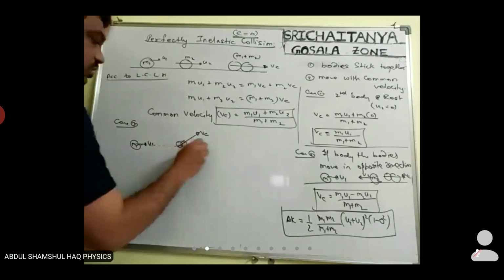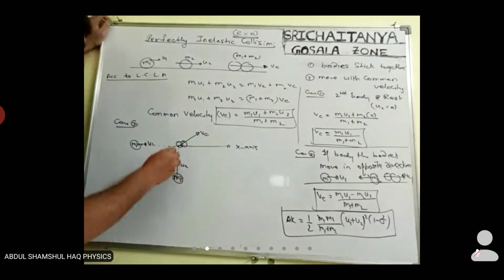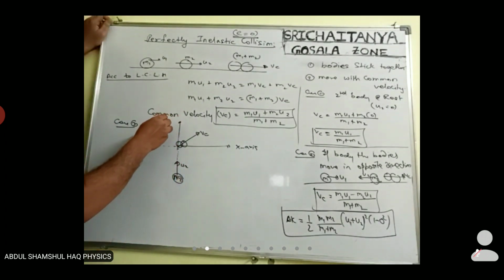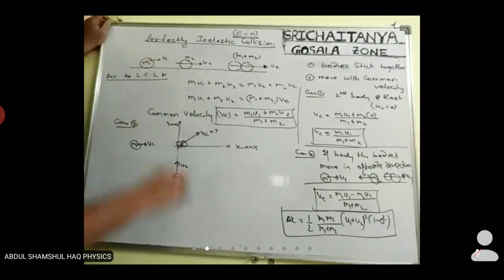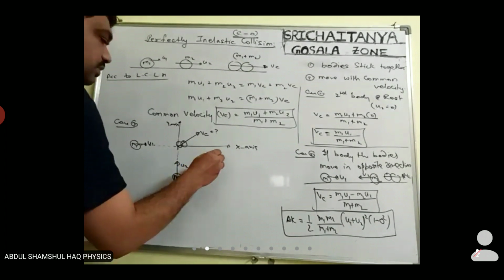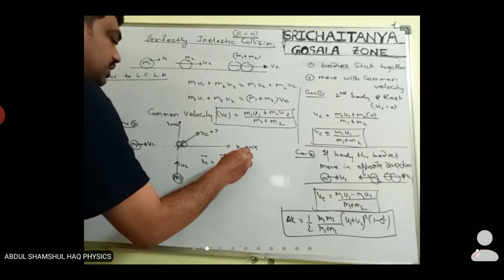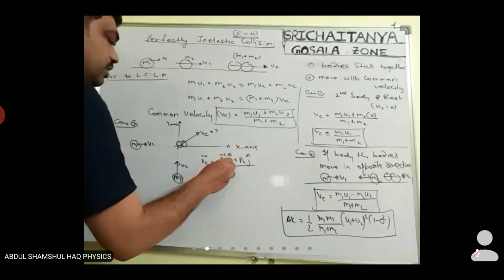This is the direction of the first body along the x-axis, and this is the direction of motion along the y-axis. We need to find this common velocity. So in this case, students, v common can be taken as P1 i cap plus P2 j cap whole divided by m1 plus m2.